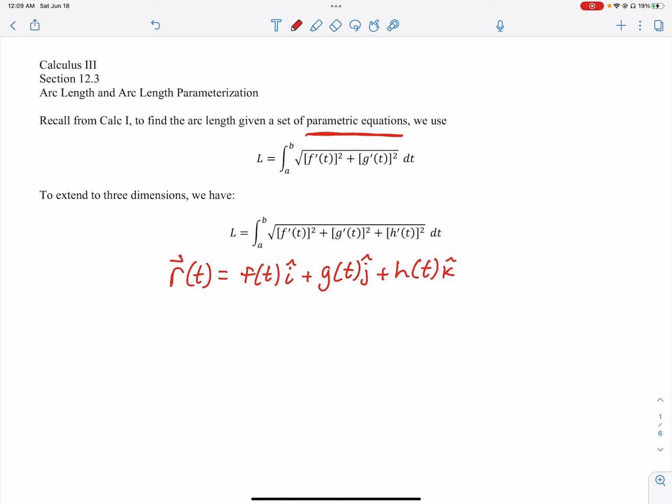Now, what I want you to notice is that if we define it that way, that formula is great and all, but we actually can make this easier for us, at least through this chapter.